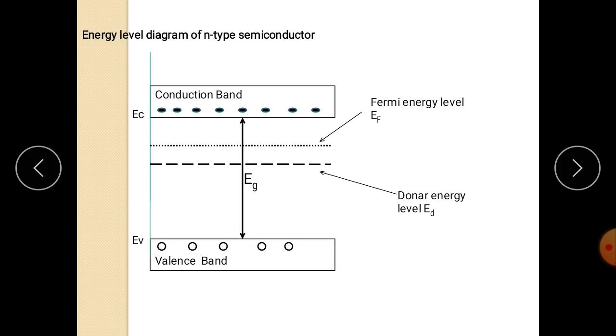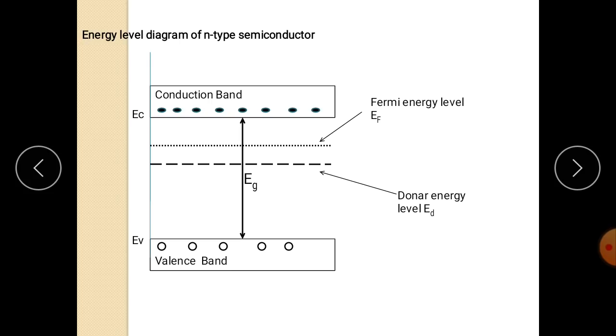When we take the difference between the energy level of the conduction band and the donor energy level, it measures the forbidden energy gap.